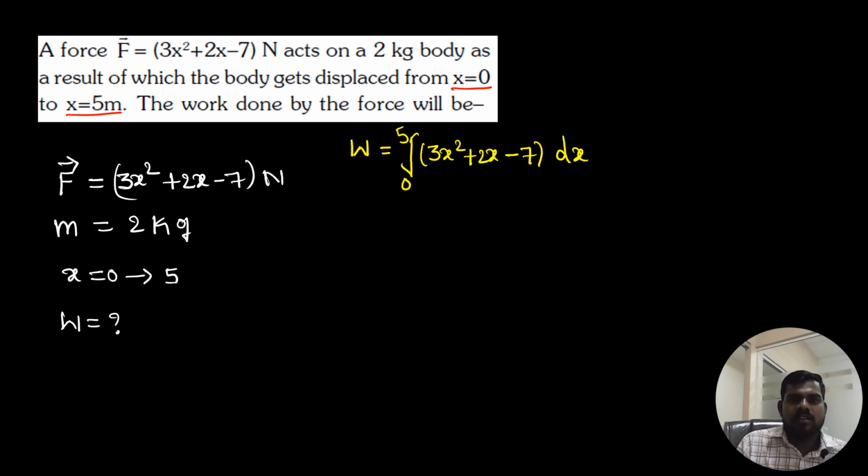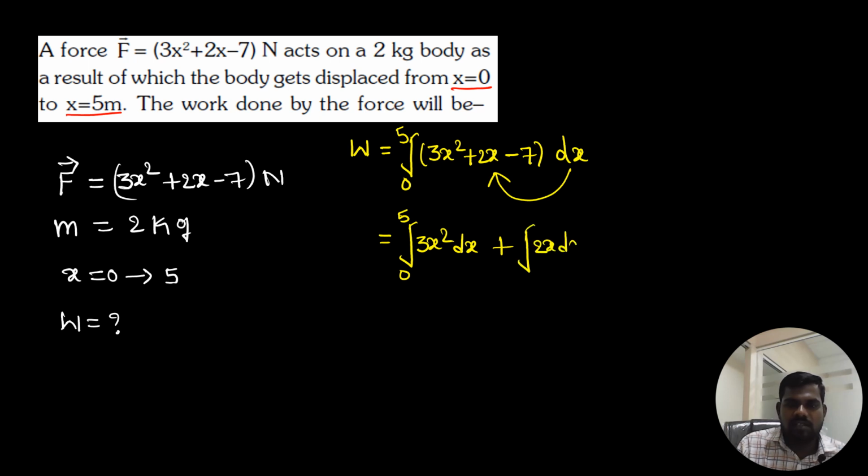We have to multiply dx on this side; this is the addition of integrations. Integration of 3x square dx, limits 0 to 5, plus integration of 2x dx, limits 0 to 5, minus integration from 0 to 5 of 7 into dx.